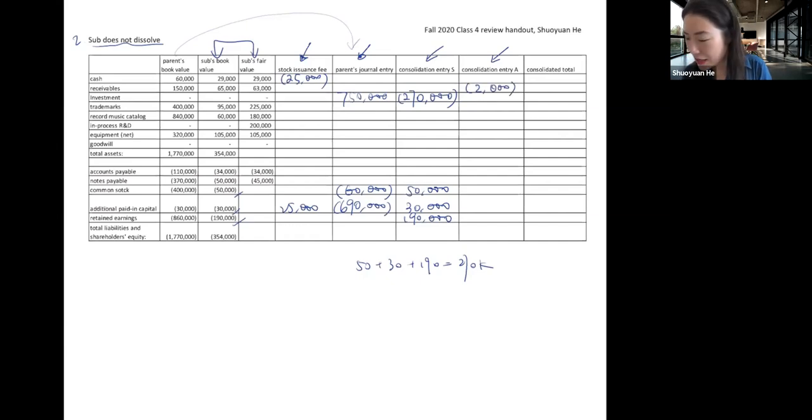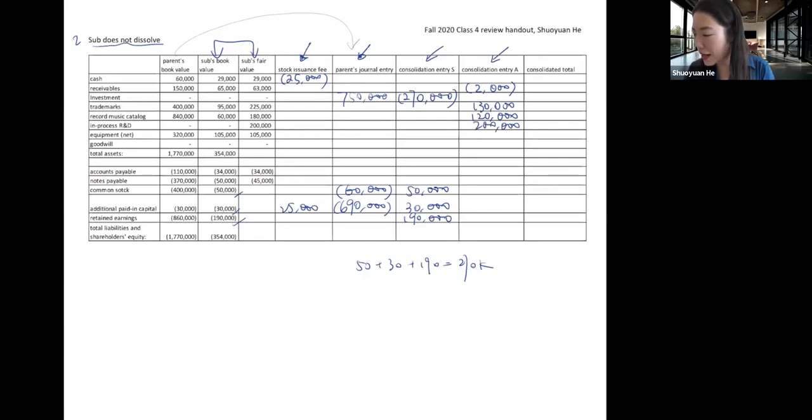Trademark, the difference is positive 130,000. Record music catalog, the difference is 120,000. In-process R&D, the difference is 200,000.